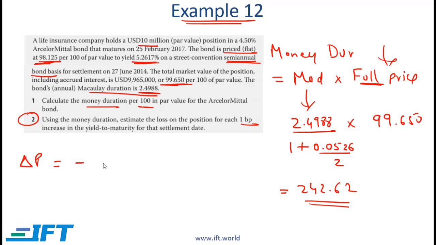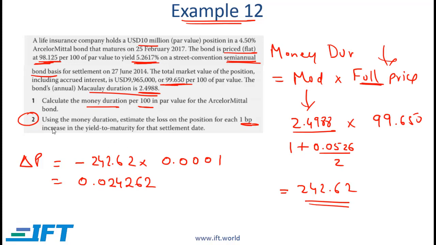So the money duration is 242.62 multiplied by the change in yield. The change in yield is 1 basis point, which is 0.0001, and this gives us 0.024262.